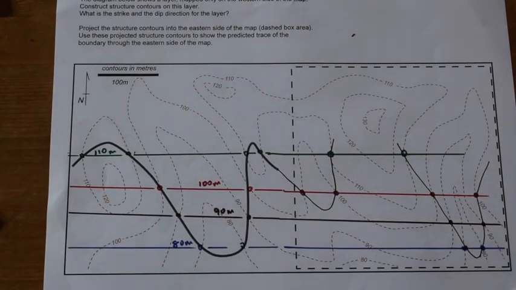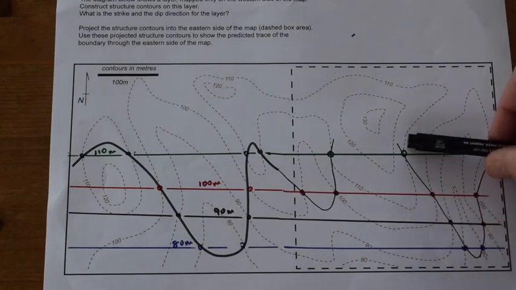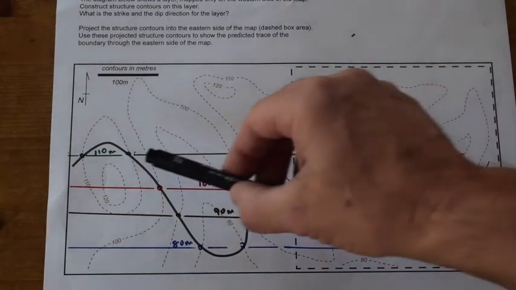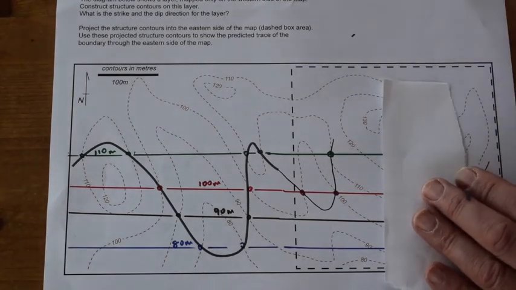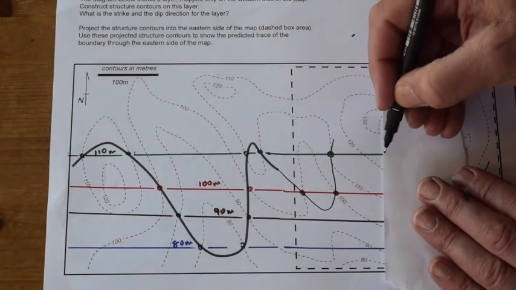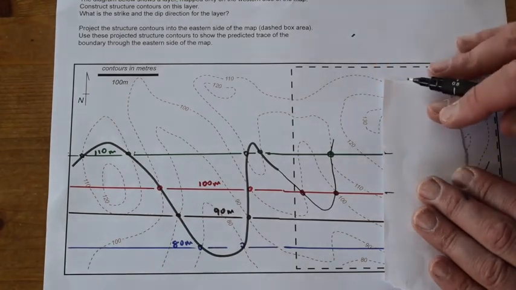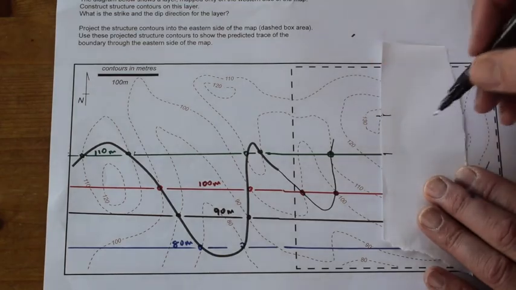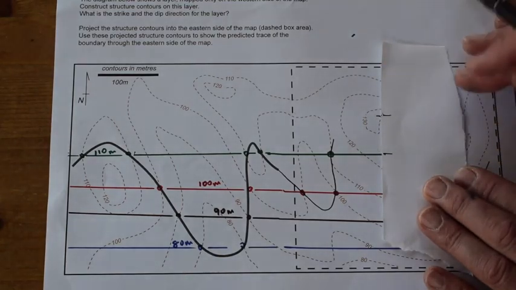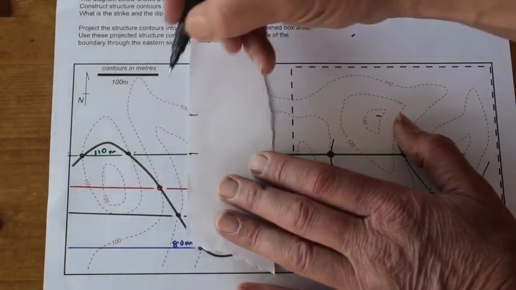Well, to answer that, we're going to extrapolate our array of structure contours to values that extend beyond 110 metres, because we can see that these are more or less equally spaced. So we can use that spacing, and I'm just going to measure here the spacing between the 100 and 110 contour and extrapolate it up like this. So here is a point which is the 120 structure contour, and then a point over here.